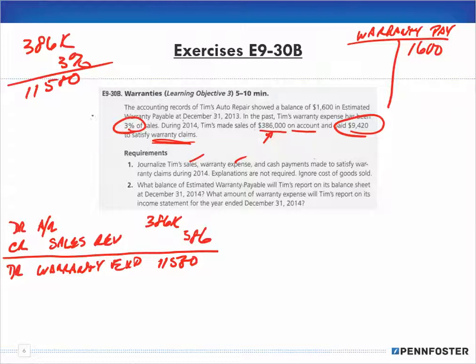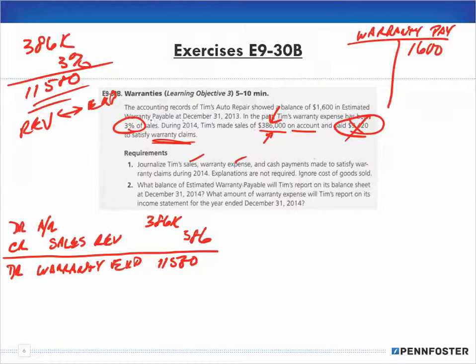we're making the estimation of 11,580 in order to match, using the matching principle, our revenues with our expenses. We're booking revenue here of $386,000, but we have no idea what claims are actually going to come in. We don't know about this $94.20.